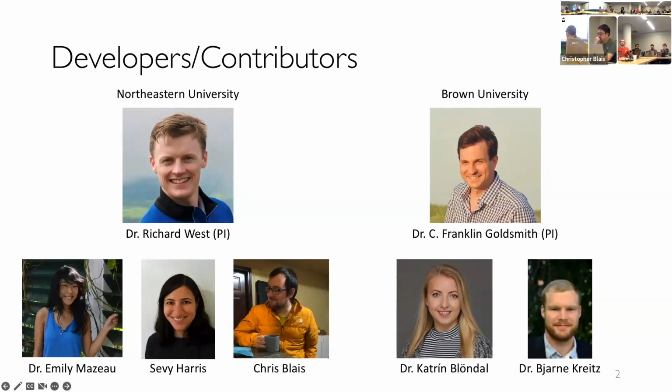Katrin and Bjarne in particular have done a lot of contributions to the database. Katrin is working on it a little bit less now that she's graduated, but Bjarne is a postdoc in Franklin's group and he's been actively working on it quite a bit. And then over in our group, Sevi at this point, me, and then Emily, who recently graduated and has done all the work.